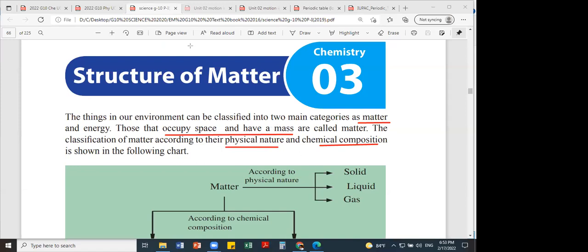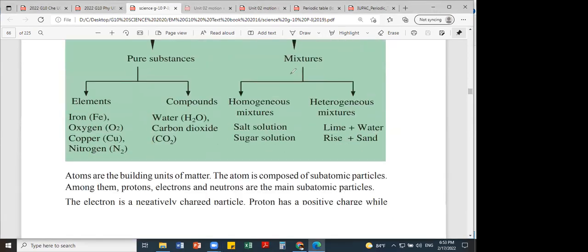Based on the physical nature of matter, we classify it into 3 groups called solid, liquid and gas. Based on its composition, we classify them as homogeneous, heterogeneous, pure substances, mixtures, like that. Right? So that is the introduction to this lesson.